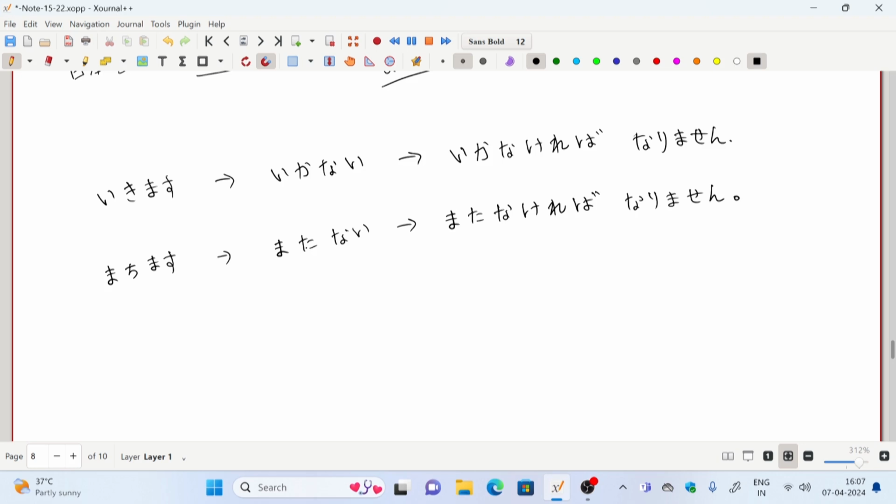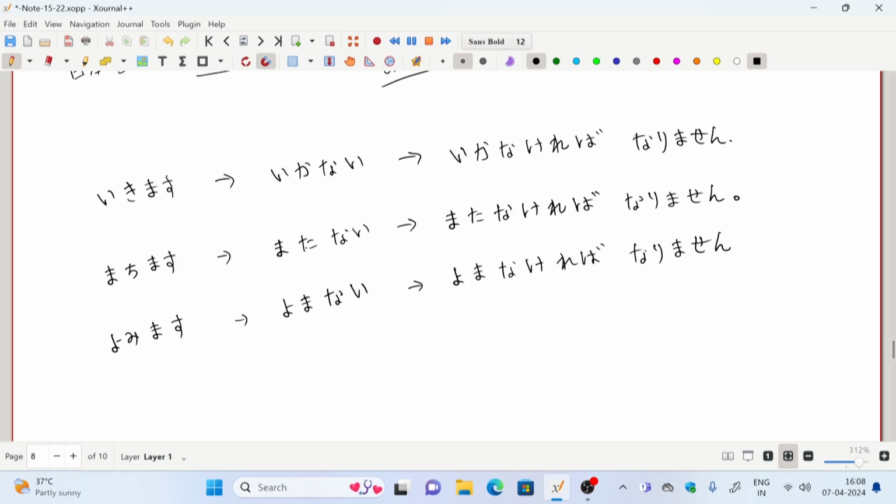And this is how we'll change another verb. Suppose it is yomimasu, to read. It will change into yomanai, and then yomanakereba narimasen.